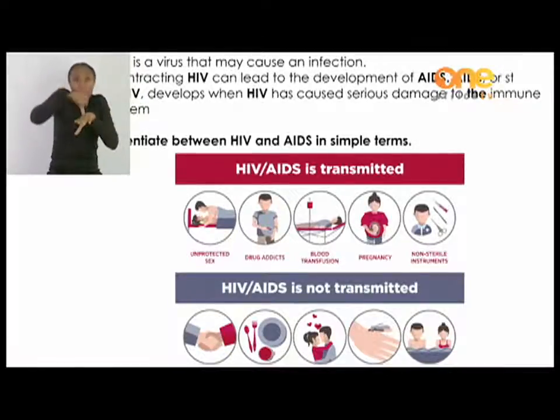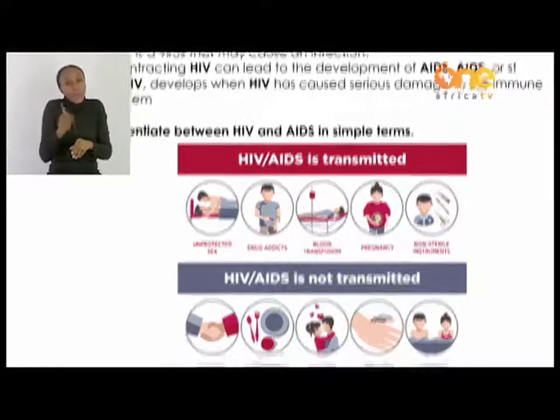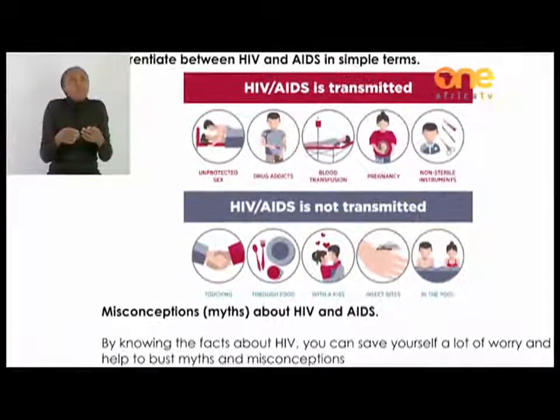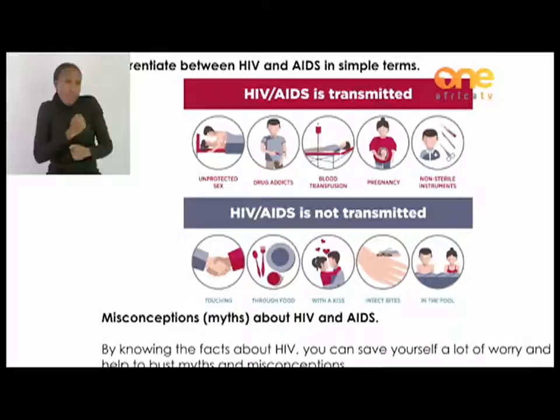There you can get HIV. You can also get HIV through pregnancy. For example, a pregnant mother can pass on HIV to her unborn baby. And we can also get HIV from non-sterile instruments.